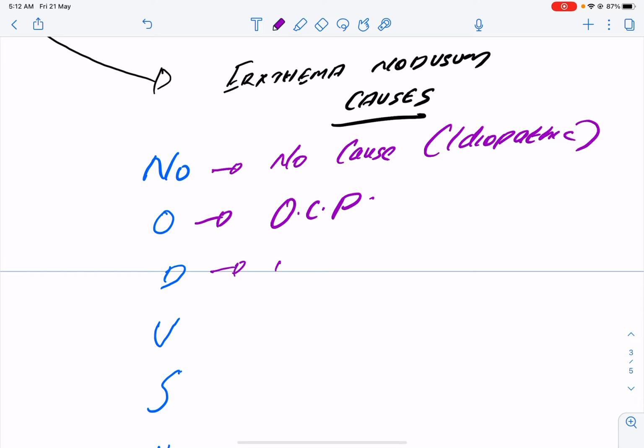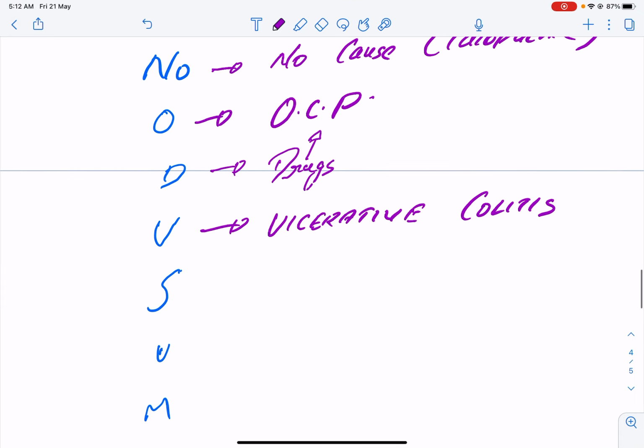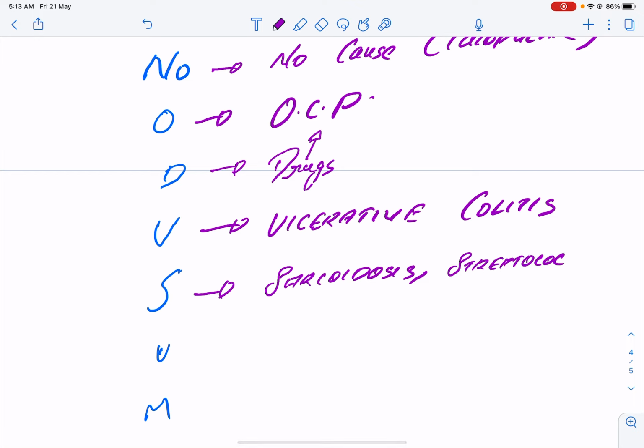D is for drugs. You can remember that the drug is the oral contraceptive pill. Then U is for ulcerative colitis. Then S is for sarcoidosis, and in the case of streptococcal infection.